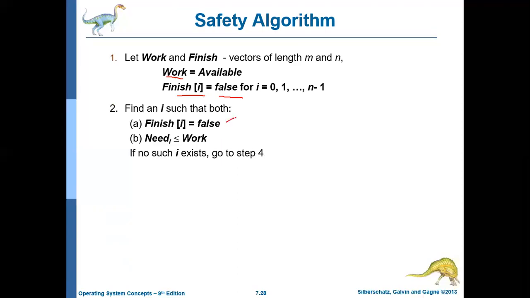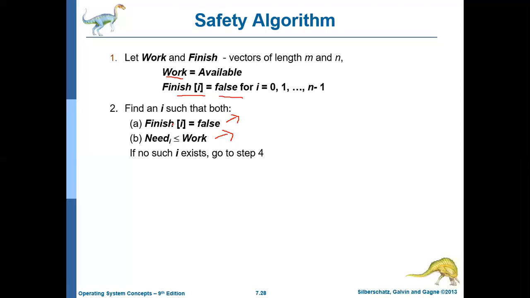Finish of i should be false, and need of i should be less than or equal to work. Work means what? Work is nothing but currently available free resources. Because work is assigned to available. So what are the resources currently available with the operating system? That is what work is.